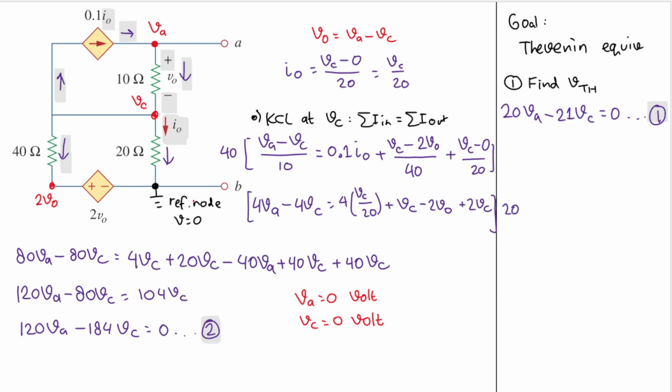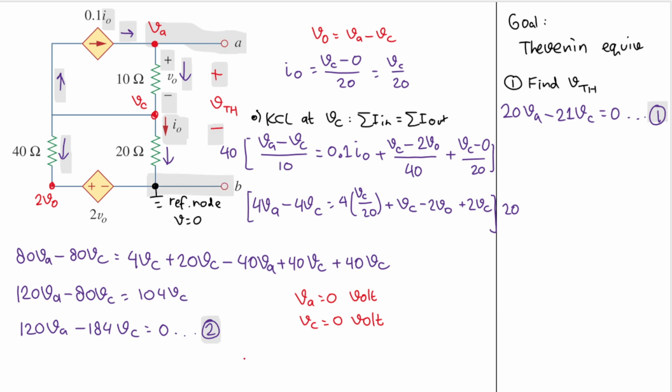But then we need to find out the VTH, right? What is VTH? VTH is the open circuit voltage at this terminal here. So we can get it because the positive one is connected to VA here, and then the negative one is connected to the reference node here.